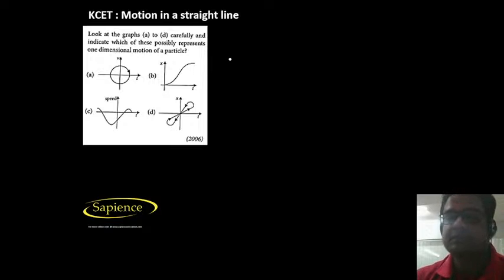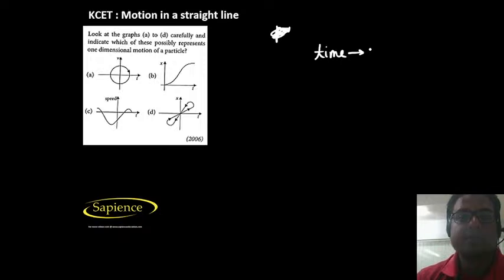Look at the graphs A to D carefully and indicate which of these possibly represents one-dimensional motion of a particle. In one-dimensional motion, at a given instant of time, the position should be unique.